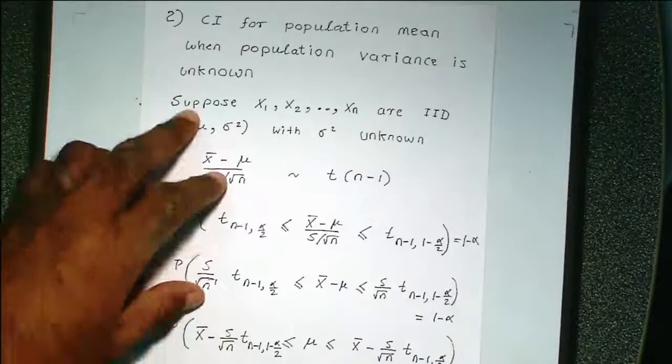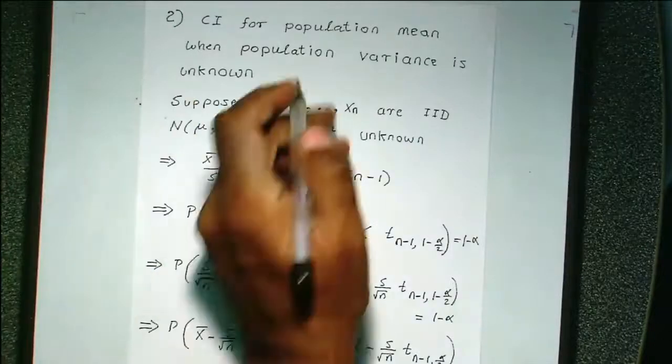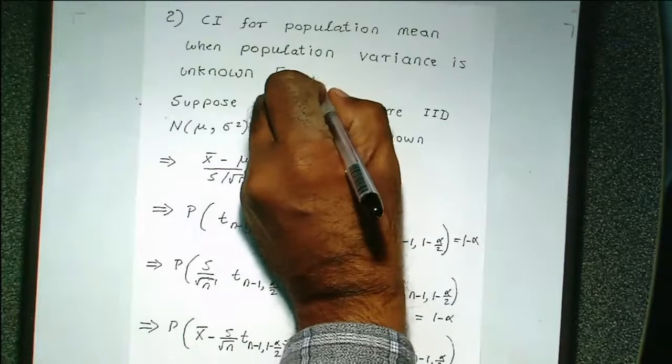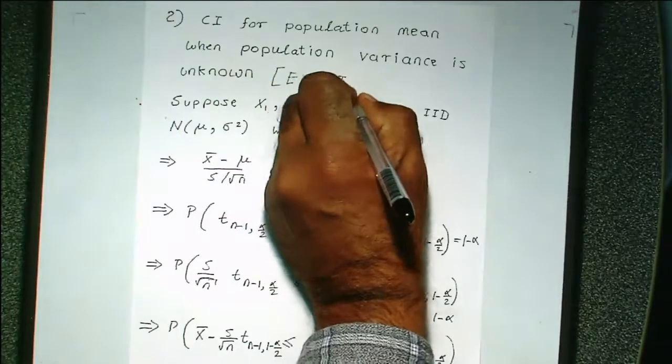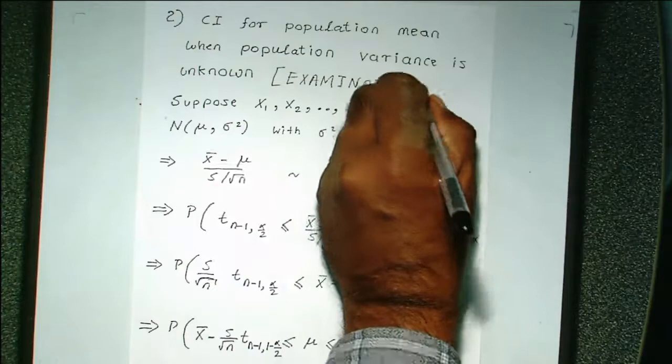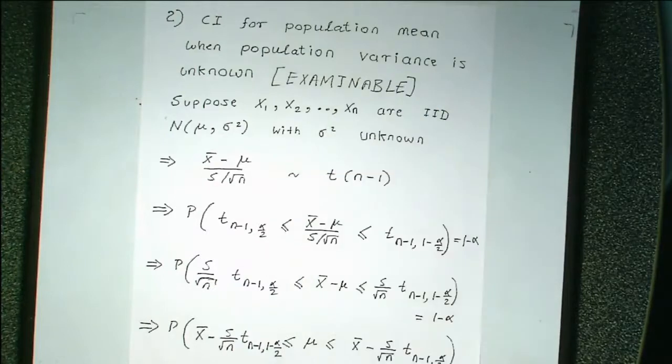And the second confidence interval I talked about is this one here, which is also examinable. This is the confidence interval for the population mean when the population variance is unknown. And the derivation goes like this.